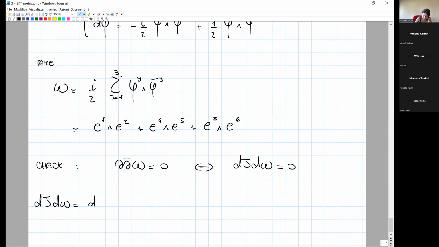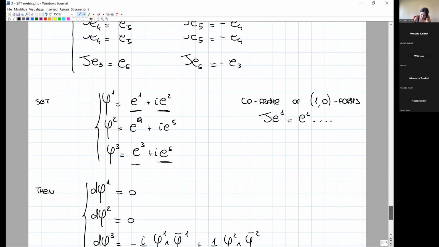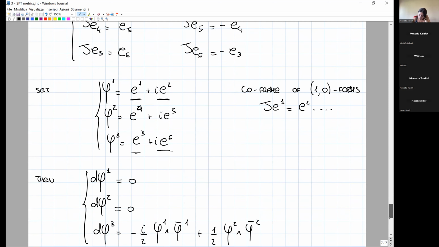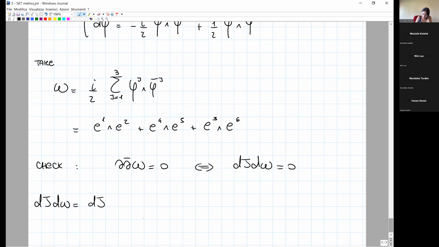So this is dJ of d omega, but you see from the structure equation, e1, e2, e4, e5 are closed. I see this from here. So this is just like the differential of e3 wedge e6.